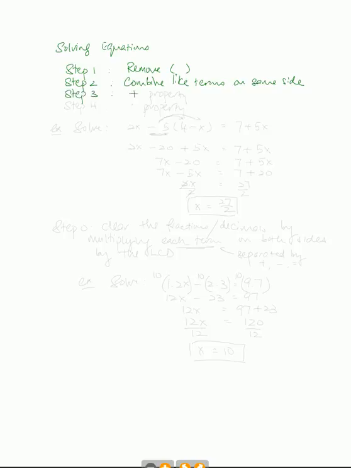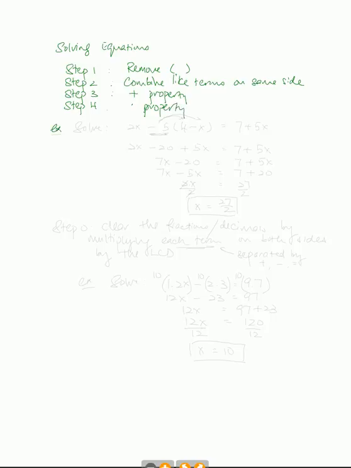You must always apply the addition property first. But remember, adding both sides means you could add a positive number, you could add a negative. So you can add or subtract both sides, and that's addition property. And step 4 is where you apply the multiplication property.